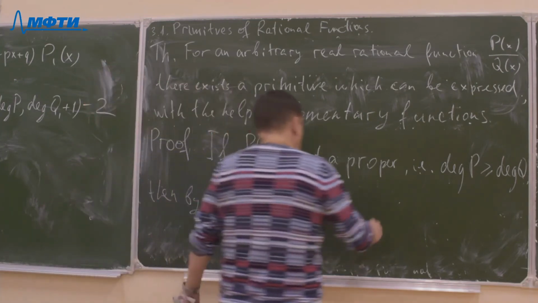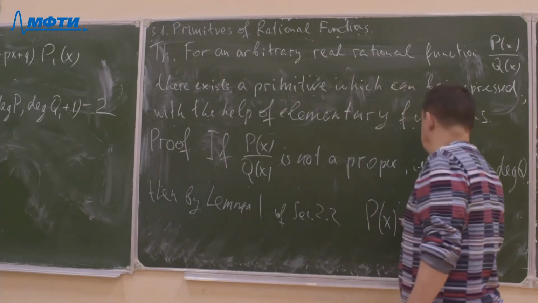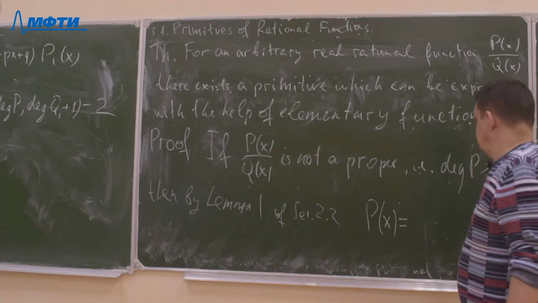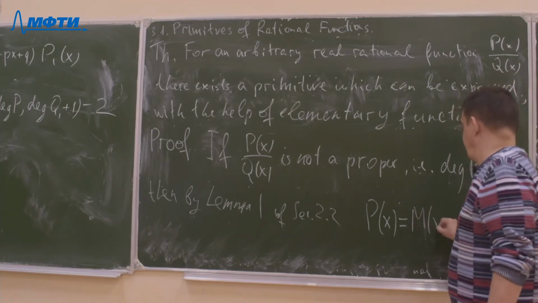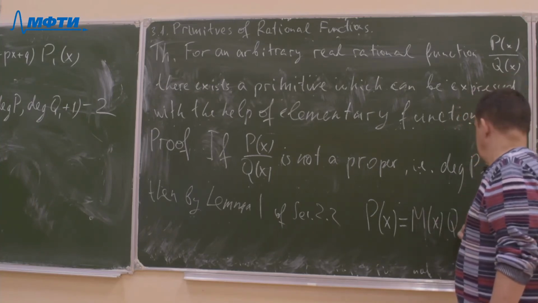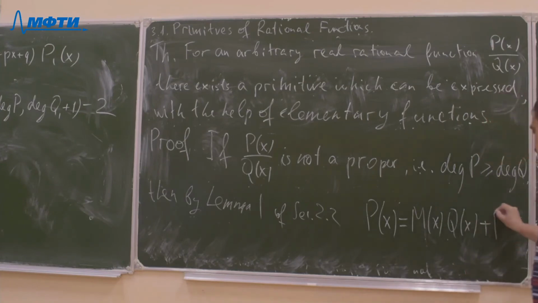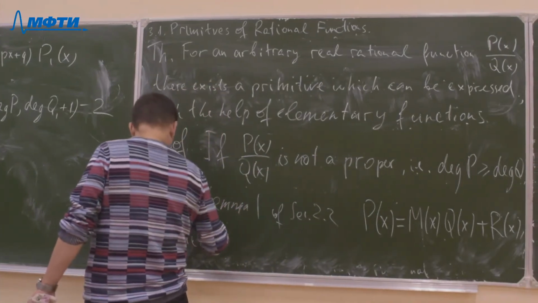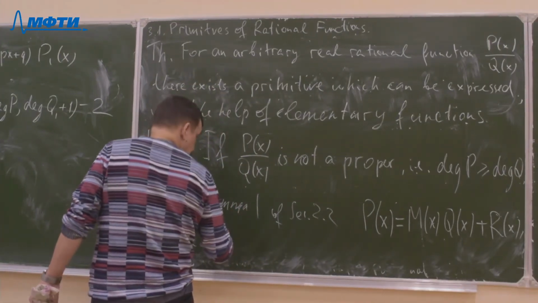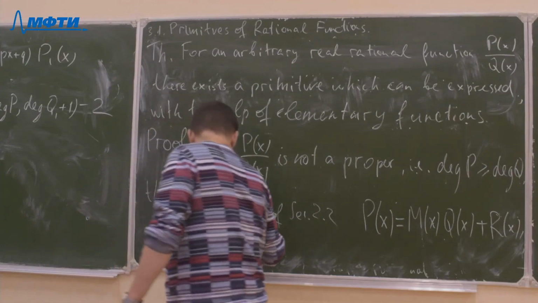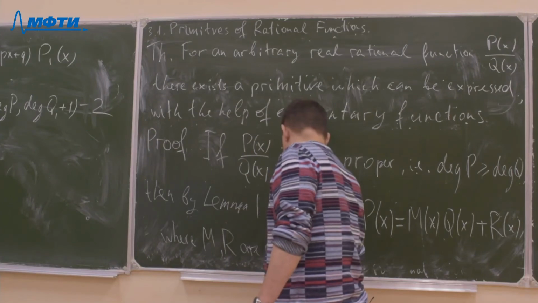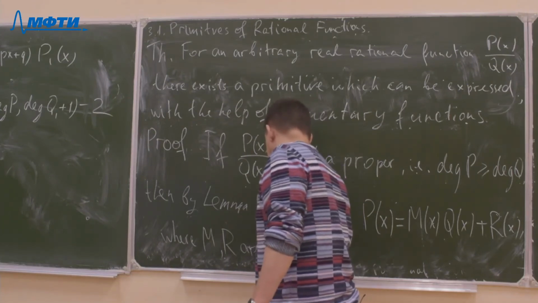So P of X equals M of X times Q of X plus R of X, where M and R are real polynomials.